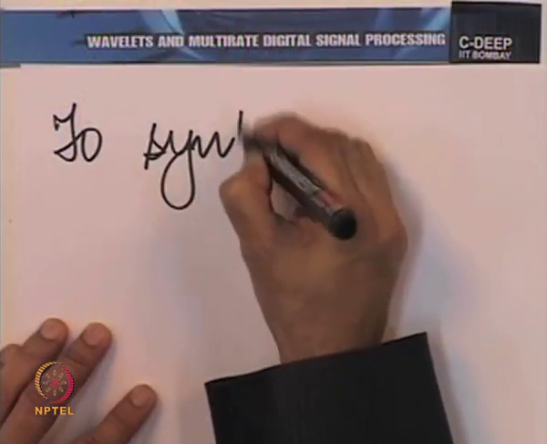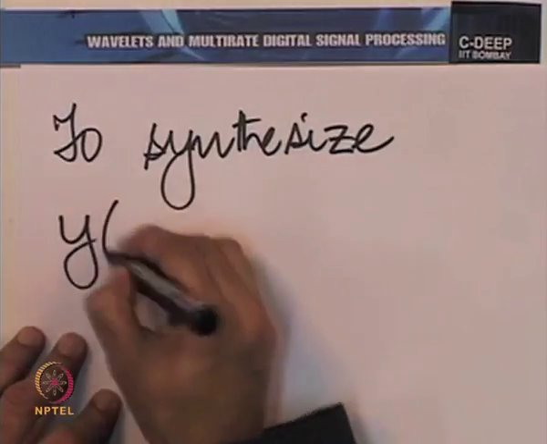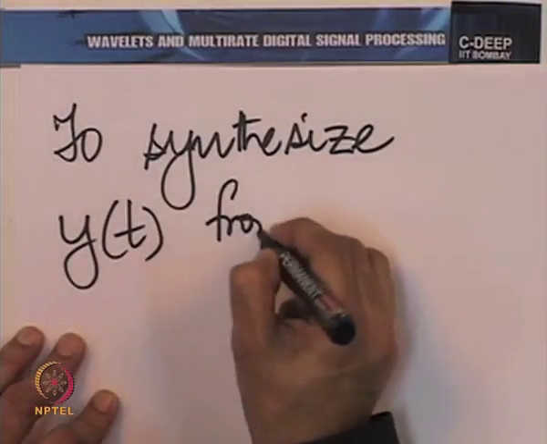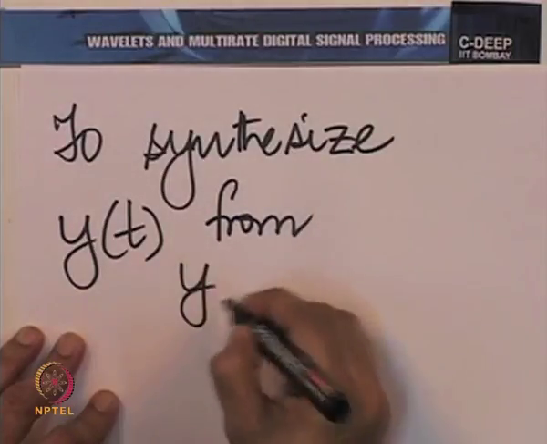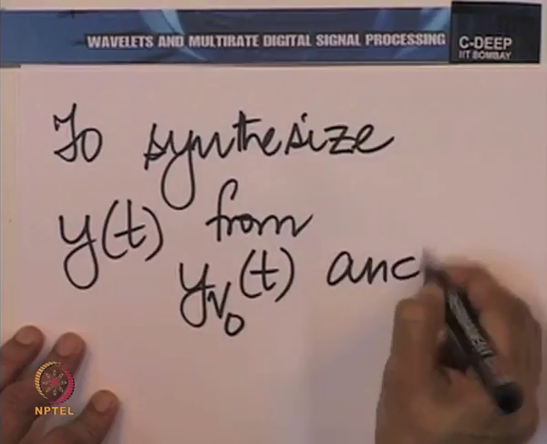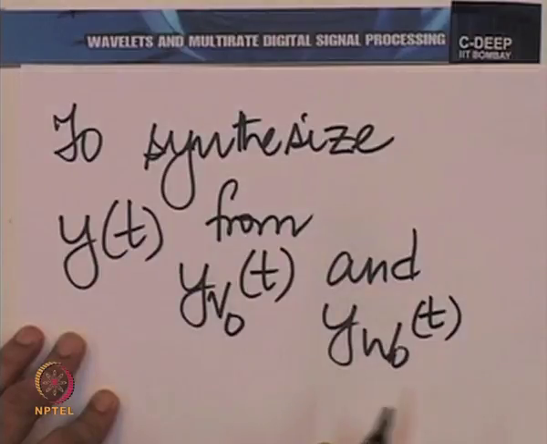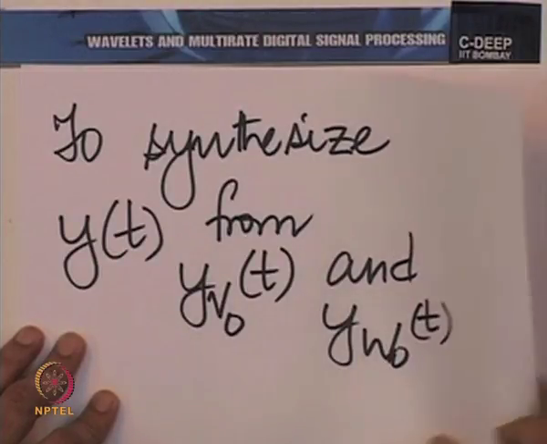Essentially, if we wish to construct a synthesis filter bank, to synthesize y(t) from yv0(t) and yw0(t), in continuous time it is very easy.